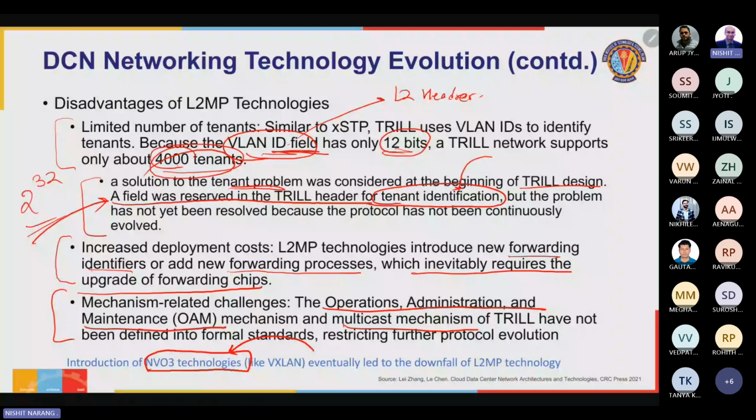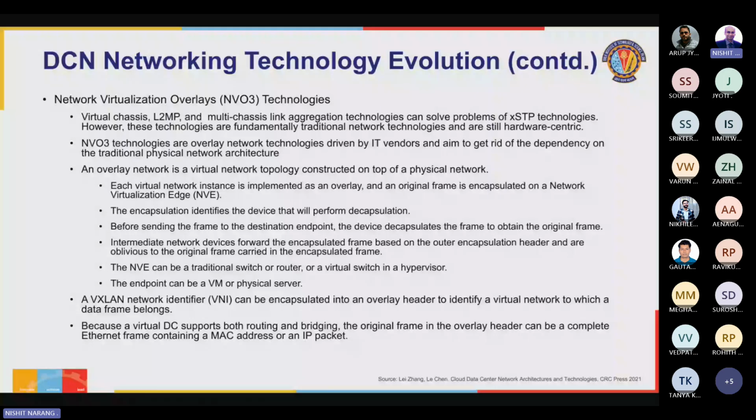The other is the structural or topological change from access aggregation core to Clos, leaf spine topology. That is the final step which we had discussed, the Clos topology. But before reaching that final step, the technology which works with the Clos network topology is the NVO3 technology.